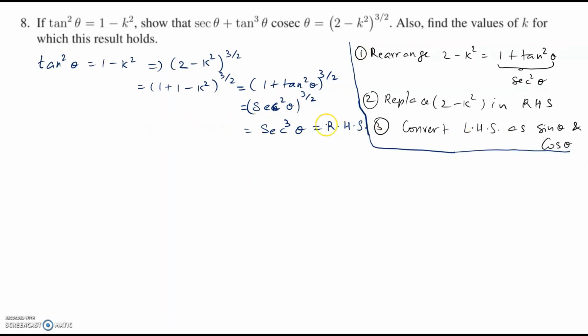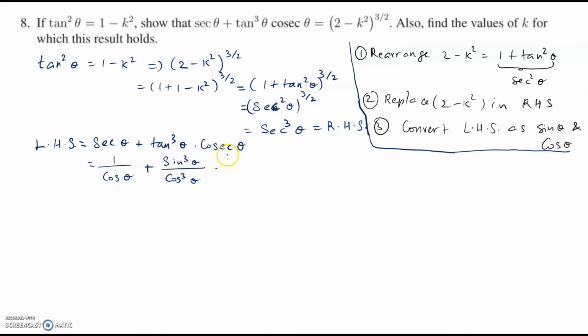Next, you convert the LHS in the form of sinθ and cosθ. So our LHS here is equal to (secθ + tan³θ) cosecθ. Now our secθ is nothing but 1/cosθ, and tan³θ will become sin³θ/cos³θ into our cosecθ, which is 1/sinθ.